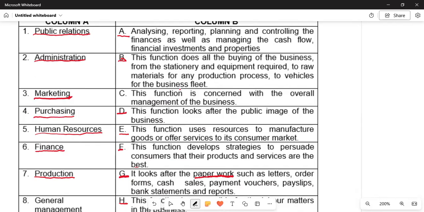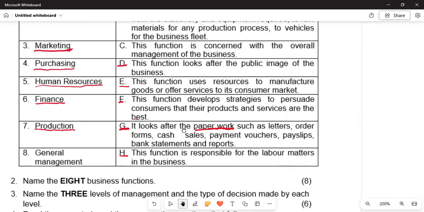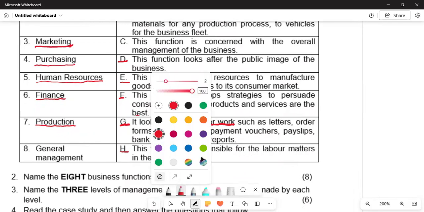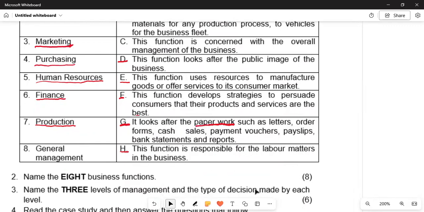Now we move on to general management, as our last function. Let's see the correct answer under this.